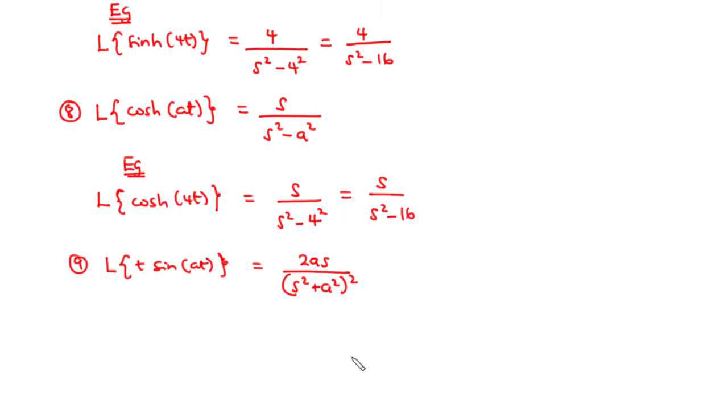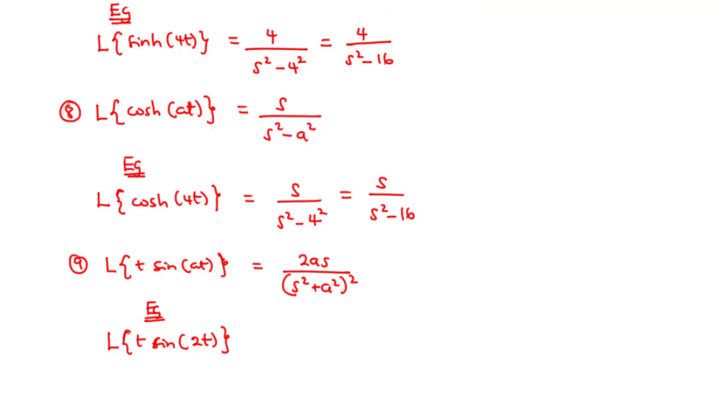So taking an example, we are going to consider the Laplace transform of the function t sine 2t.